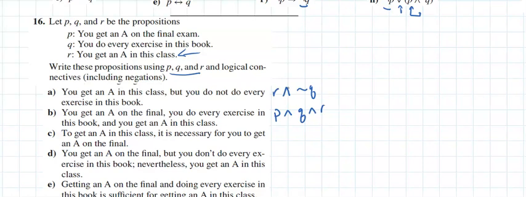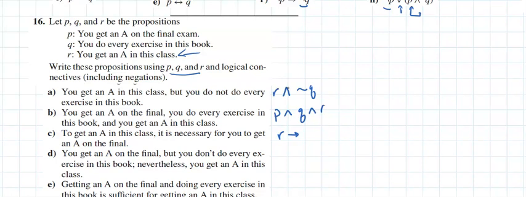C, to get an A in the class, it is necessary for you to get an A on the final. So this is a conditional. If you get an A on the final, then you will get an A in the class. Let me think about that.